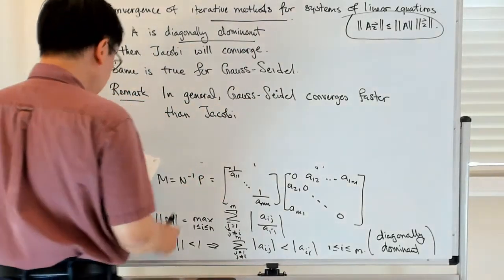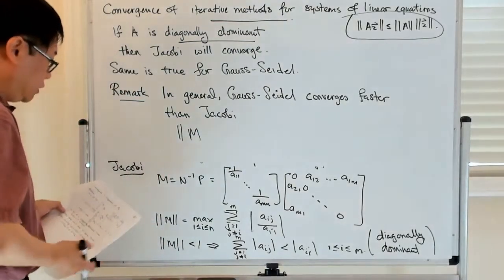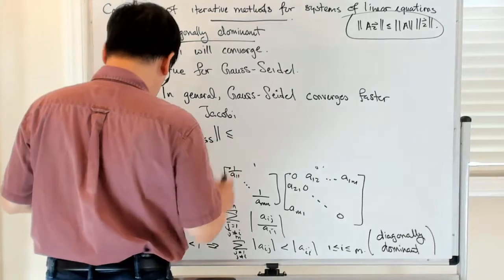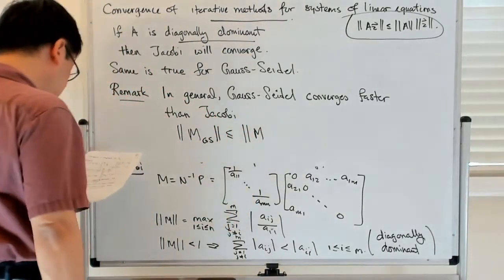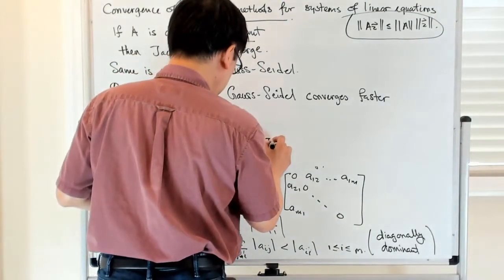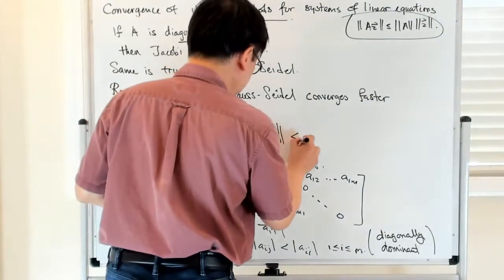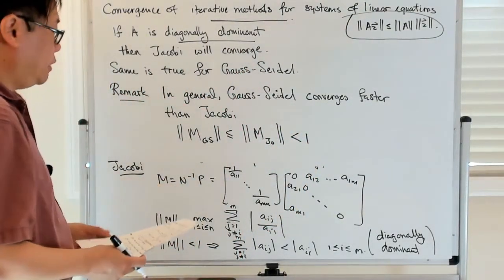And the reason is that the matrix norm of the Gauss-Seidel M is in general less than or equal to the matrix norm of the Jacobi M, and we know that this is less than 1 for diagonally dominant matrices.